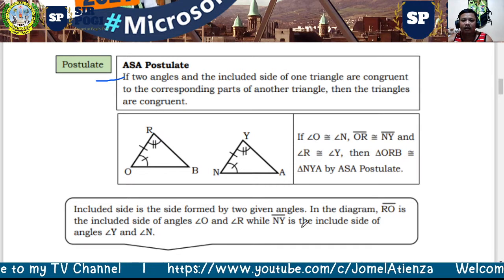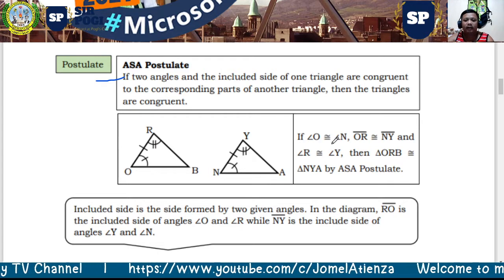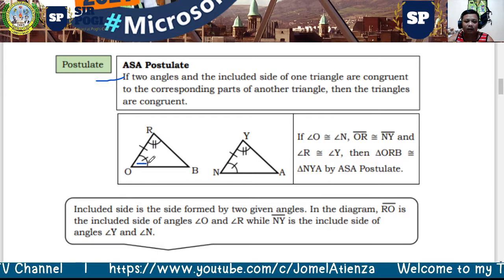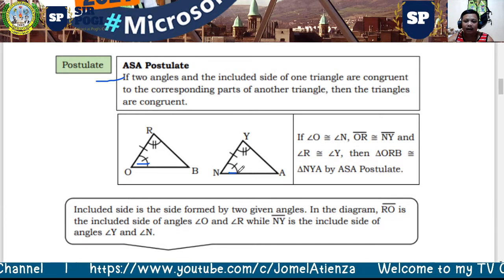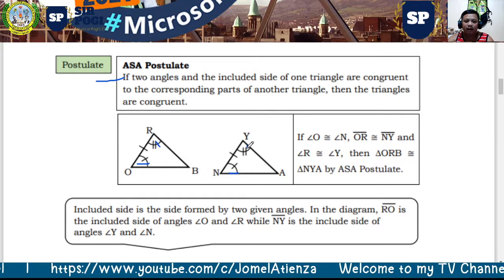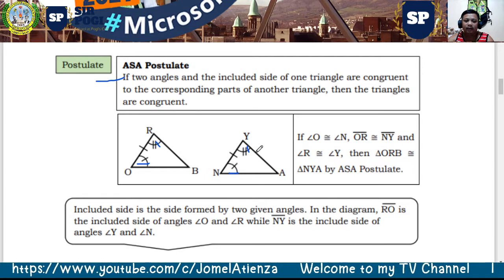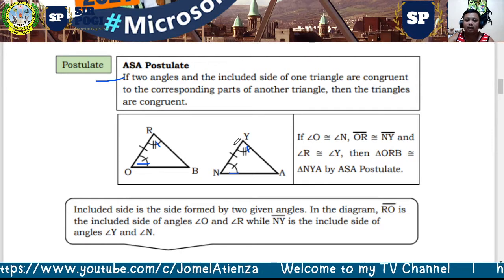Take note of that, ha? So, we have angle O is congruent to angle N, ito yung O, ito yung N, and angle R is congruent to angle Y. So, nakikita nyo yung markings. So, yun yung ibig sabihin yung corresponding parts.